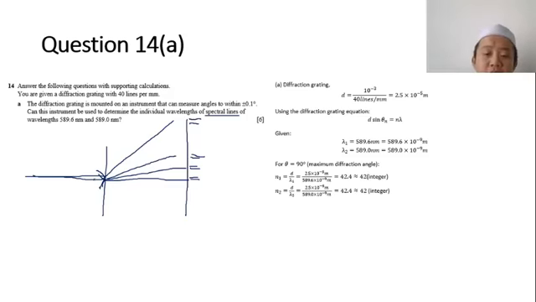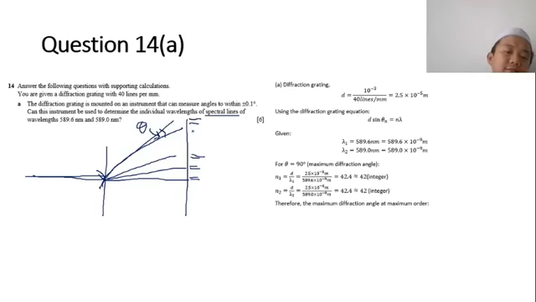Alright, so kat sini dia kata 42 orders. So therefore the maximum diffraction angle at maximum order, that means kita ambil kat sini. Okay, so kita nak tahu instrumen ni dia boleh tak nak detect this difference angle theta. Boleh tak dia detect both wavelengths of wave bila dia dah diffracted at the maximum order.